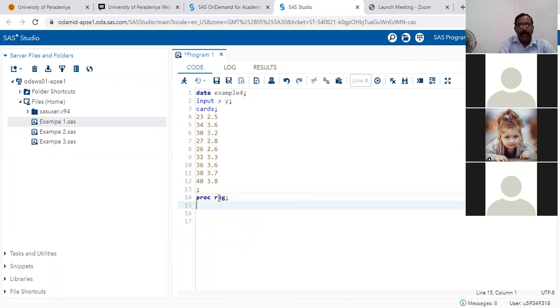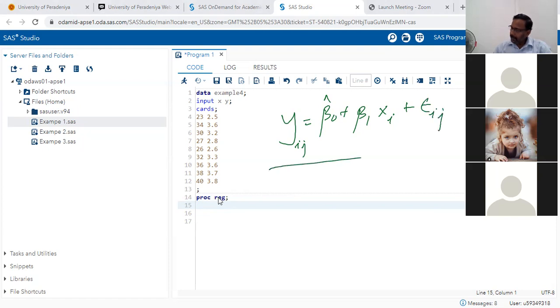Then you see here we have two variables. Have you seen something like this?